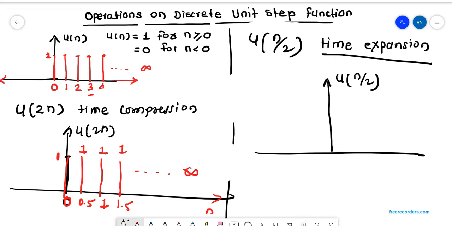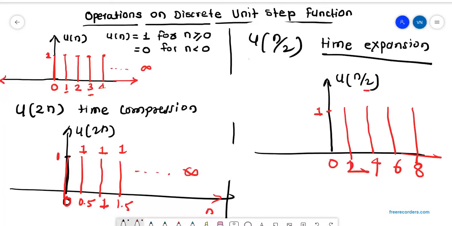So 0 into anything is obviously 0. 1 into 2 is 2. So for 1 the amplitude is 1, so you will get 2 with amplitude 1. Whatever the amplitude for 2, that will appear at 4, because basically we have to multiply each and every time period by 2. So automatically the signal will expand. This is called time expansion.